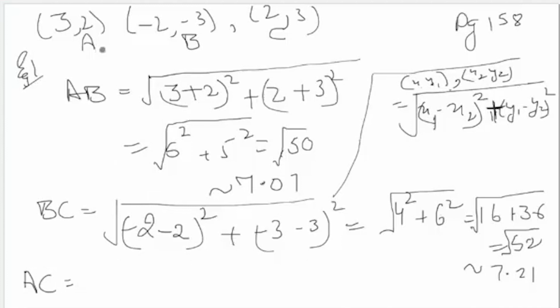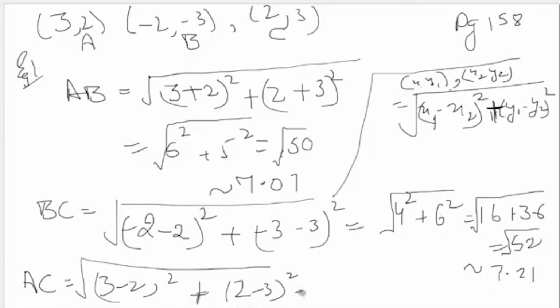Now AC, tell me, beta. AC, how to find the distance of AC? 3 minus 2, ma'am, square 1.41, plus 2 minus 3 whole square.